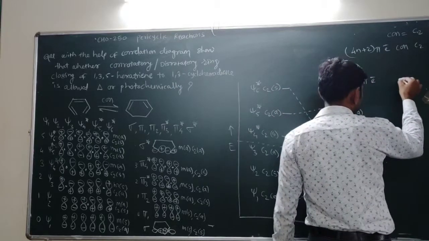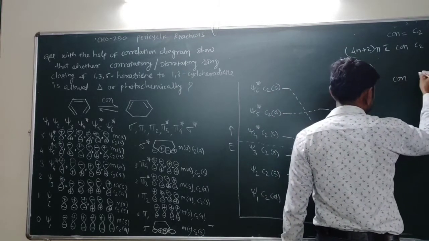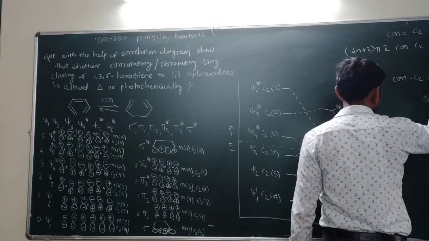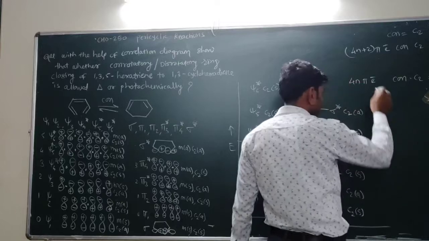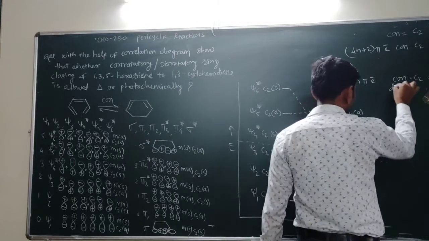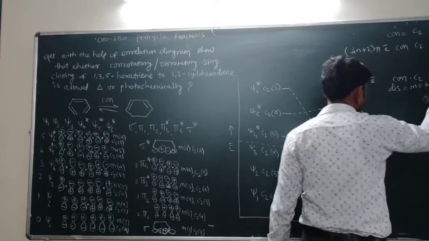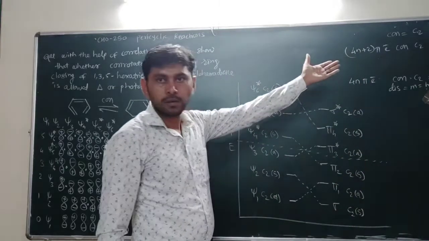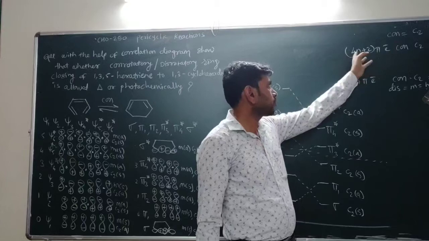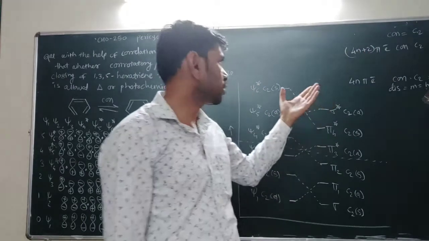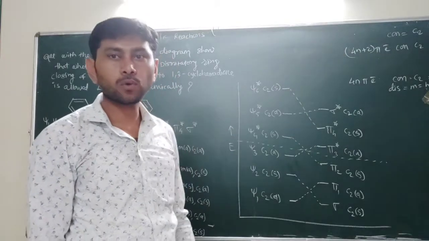For conrotatory motion the symmetry is always C2, and the system is thermally allowed. By disrotatory motion, M symmetry is there, and the system is photochemically allowed. Exactly the opposite is happening here: in the 4n plus 2 pi electron system, with conrotatory motion and C2 symmetry, the system is photochemically allowed.